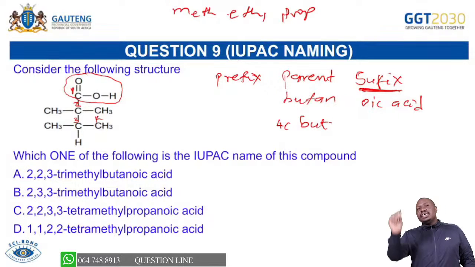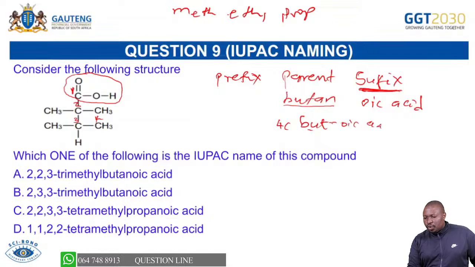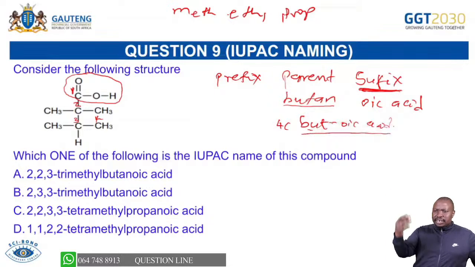You only remove the E from how you would name the alkane. So you will say butanoic acid. You can't say butoic acid. I'm telling you, we'll take that 1 mark away from you because it's not butoic acid, it's butanoic acid. So you write butan; you only remove the E from butane. Then you say butanoic acid.